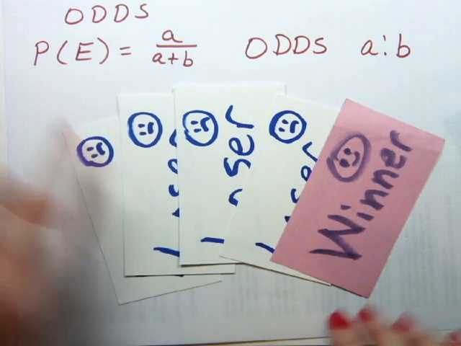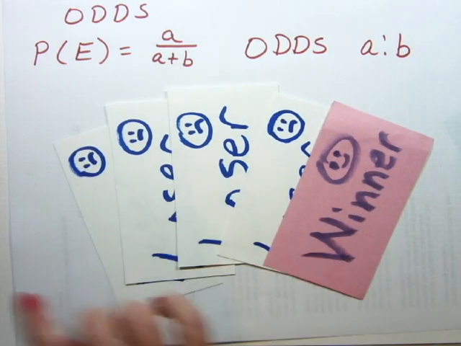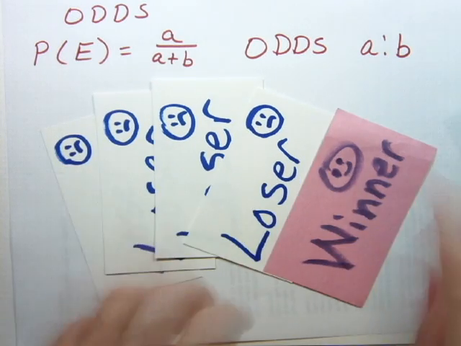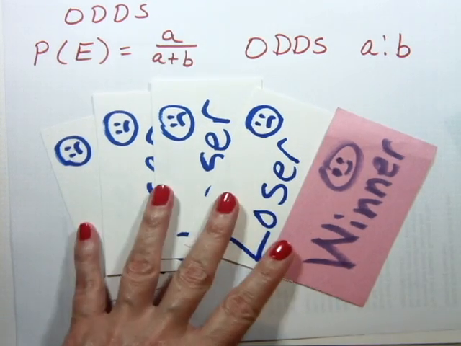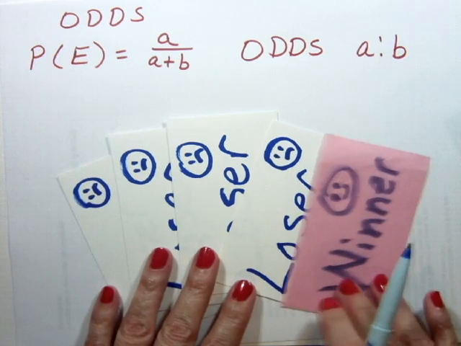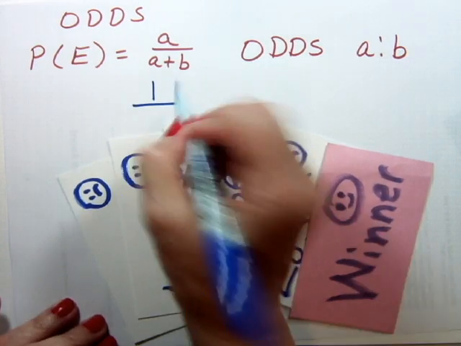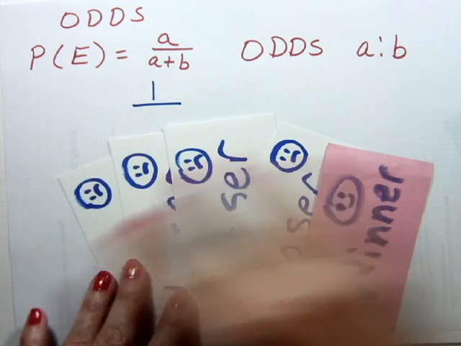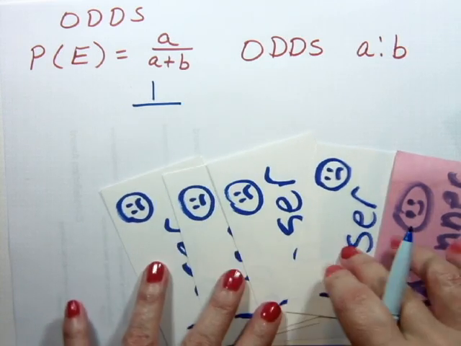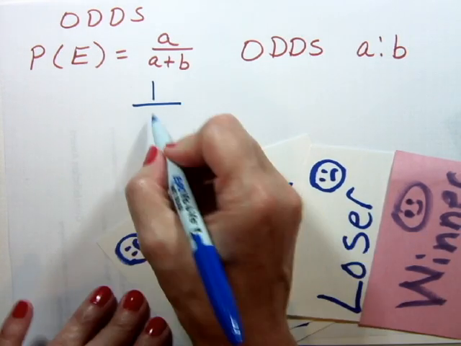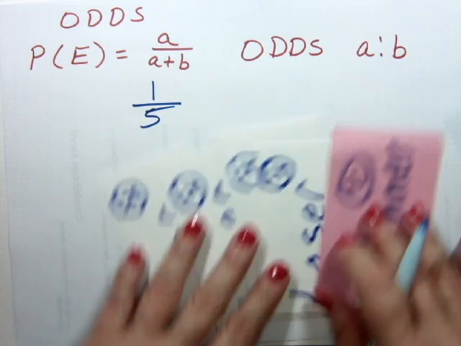If I want to look at the probability of winning, if these are all the tickets, if I'm just going to throw them in a hat and you're going to draw from them, the probability of you winning is there's one winner. It's what you want out of how many things can happen all together. 5 tickets. There's 5 different tickets you can choose from. Only one is a winner.